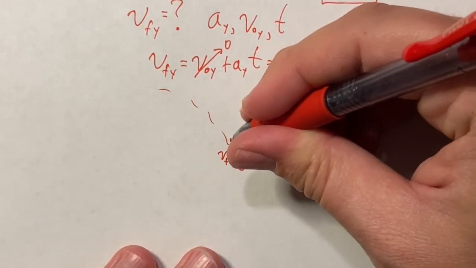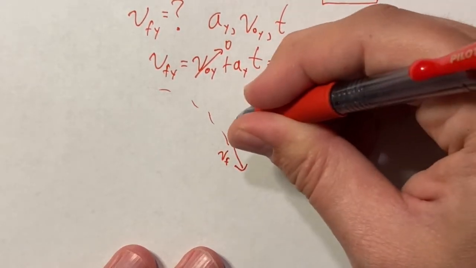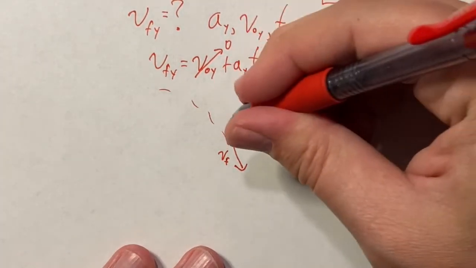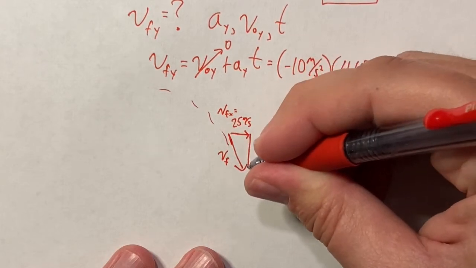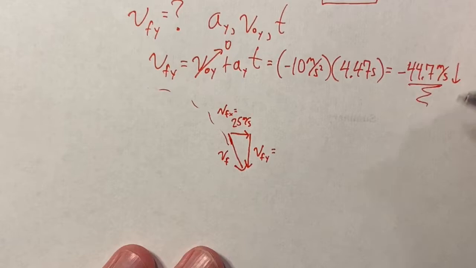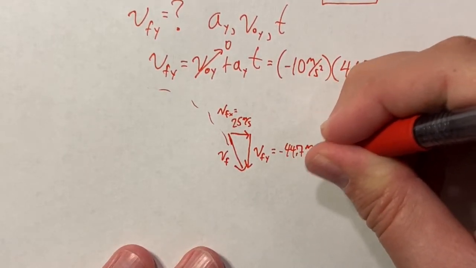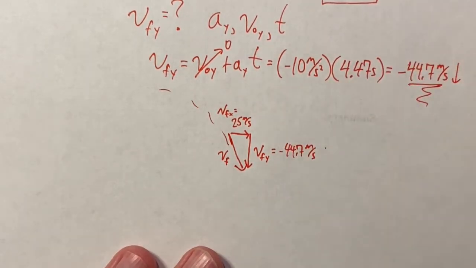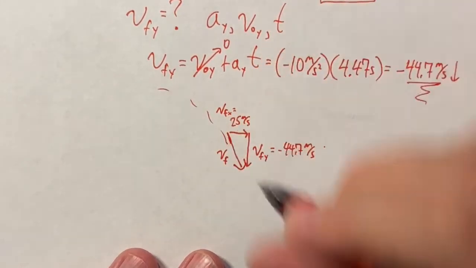And that diagonal velocity can be split into 25 meters per second to the side, because that was our v final x, and our v final y, we've figured out, is our 44.7 meters per second down. And I use the negative to indicate that, but how would I get the diagonal?